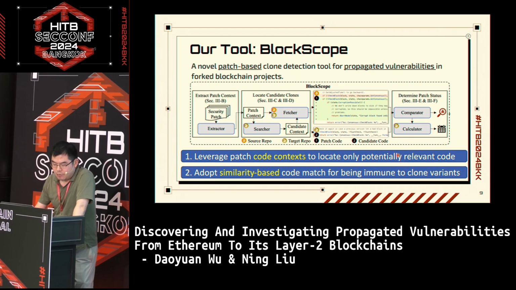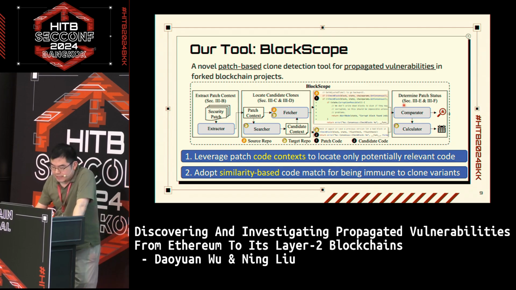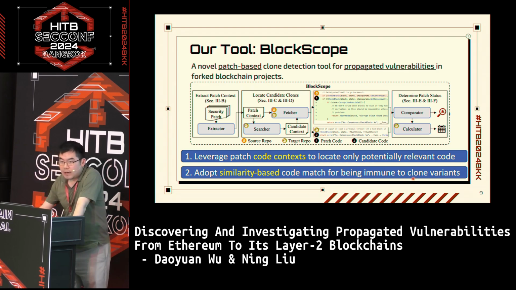In the next slides, I will introduce this novelty in more detail. Another novelty is that we use a similarity-based code match. We developed a new way to calculate the similarity so that it can better handle type 1, type 2, and type 3 clones.